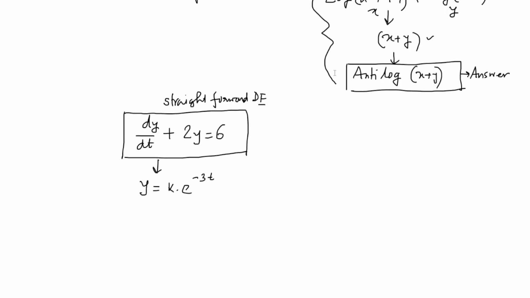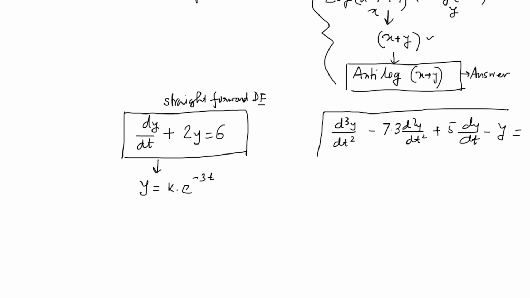However, if the differential equation is like that, d cube y/dt cube minus 7.3 d2y/dt2 plus 5 dy/dt minus y is equal to some function of t, f(t), then you must require some help from outside.